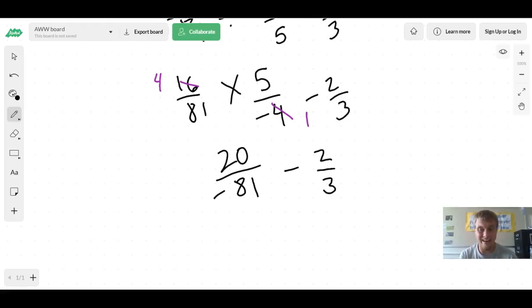Now for adding and subtracting fractions, instead of just being able to add straight across or subtract straight across, what you need to do is you need to have common denominators. So for a common denominator, I need this number and this number to be the same. So what I could do is I could multiply this top and bottom by 27.